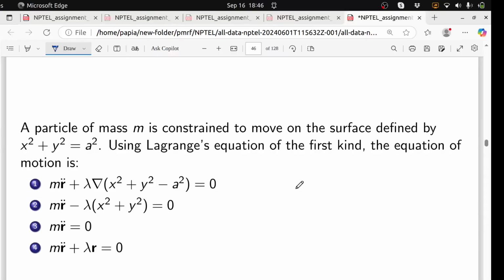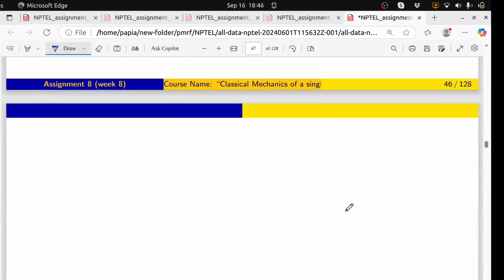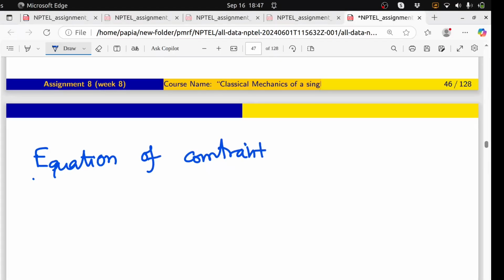A particle of mass m is constrained to move on a surface defined by x square plus y square equals a square. Using the Lagrange's equation of the first kind, what is the equation of motion? So the equation of constraint is given: x square plus y square equals a square.